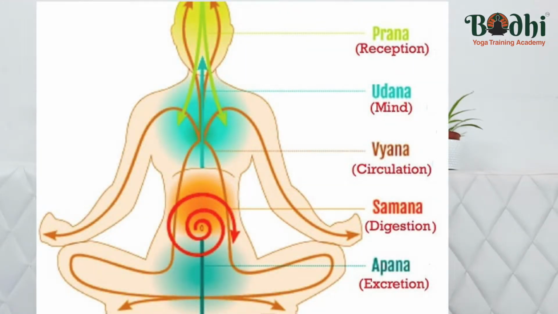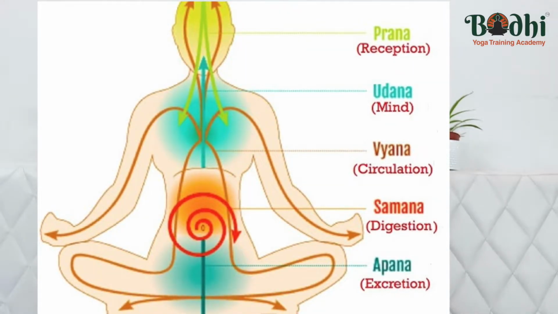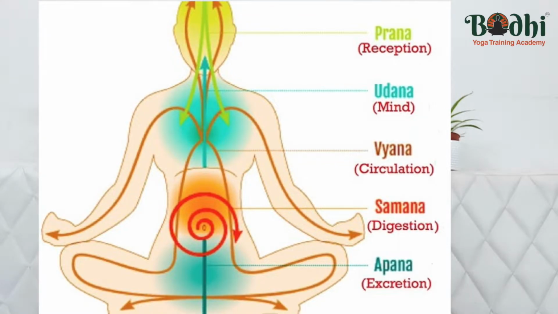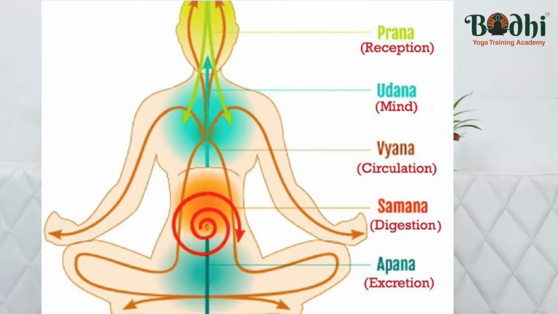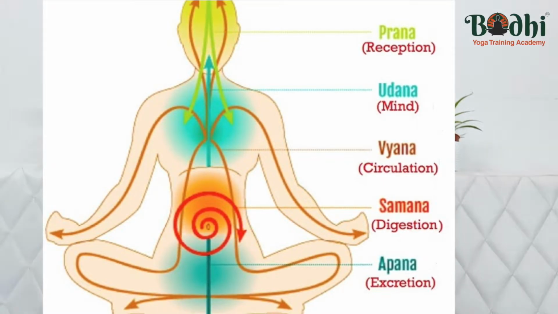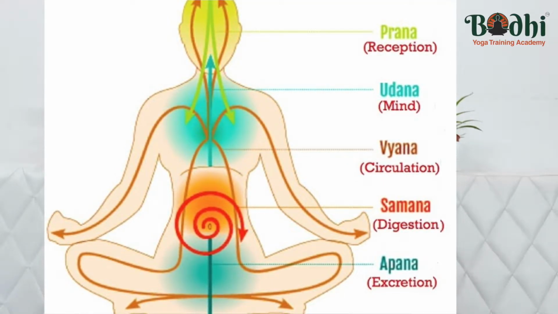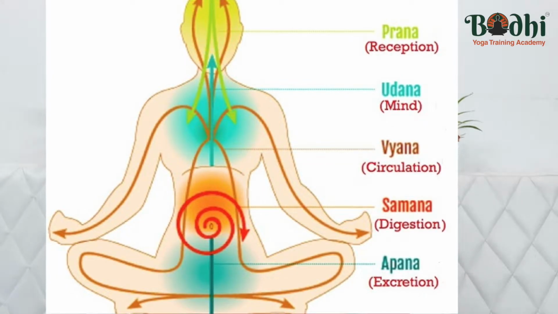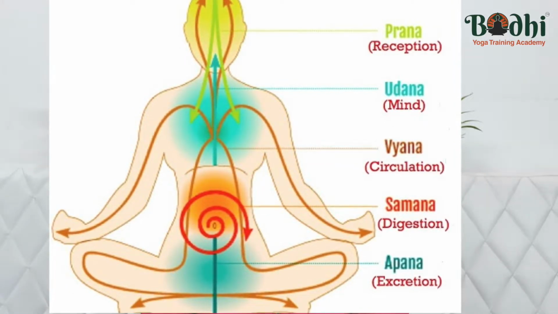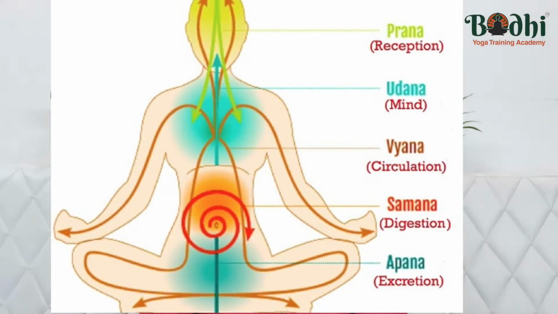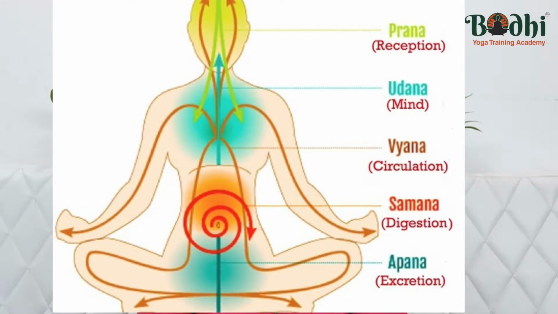The function of Prana Vayu is absorption of Prana Shakti, which takes place in the thoracic region. The Apana Vayu controls the elimination through the urinary system, excretory system, and through reproductive organs. So the place for Apana Vayu is below the navel till the rectum.